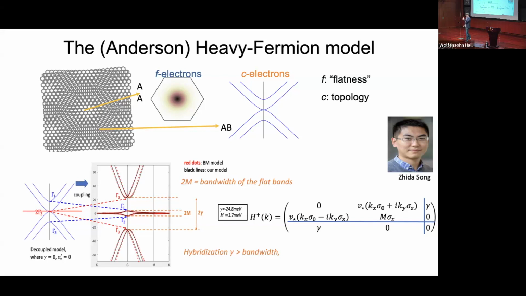So there's no way I can make it just a sum of atomic limits. That's why I want a description of the flat bands, which are topological. So I pawned off the topology onto a dispersive electron, and I pawned off the interaction onto a local electron.